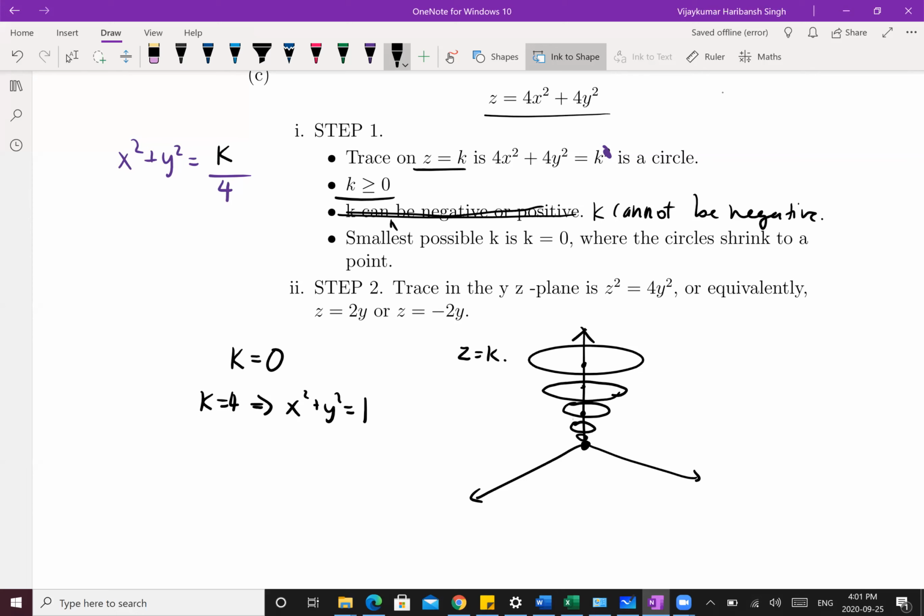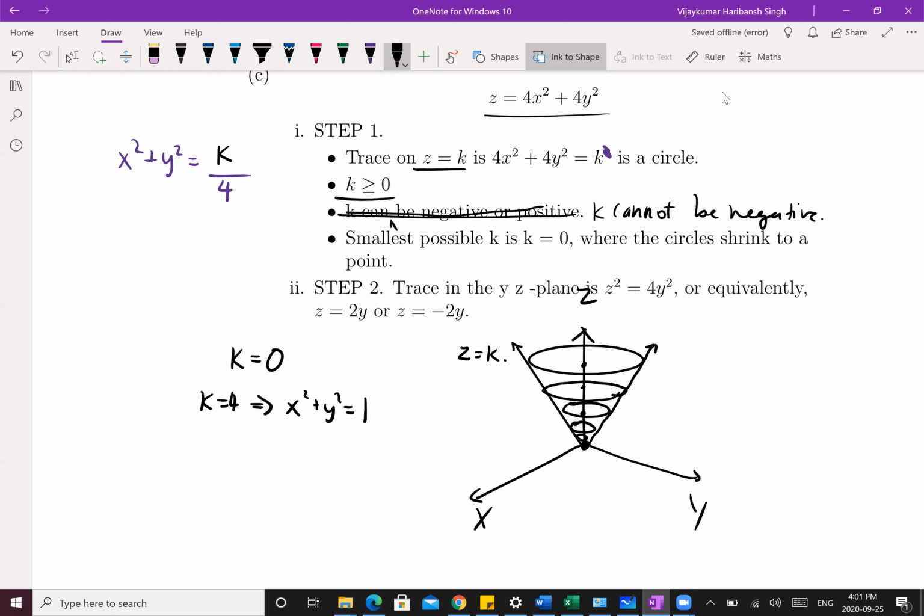Now what about the yz plane? In the yz plane, we get z squared equals 4y squared, or z equals 2y. So we have x, y, z. In the plane, it's a line, z equals 2y, which is this line here. Similarly, you can see the other one as well.